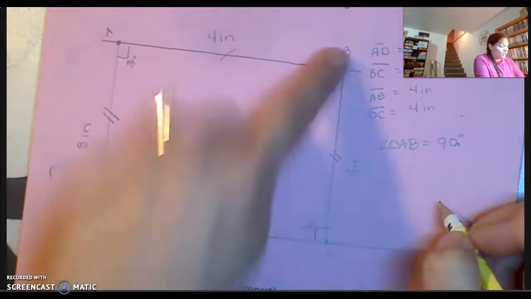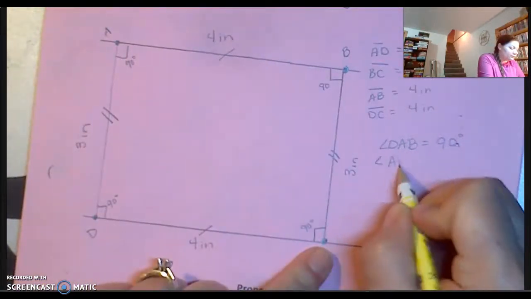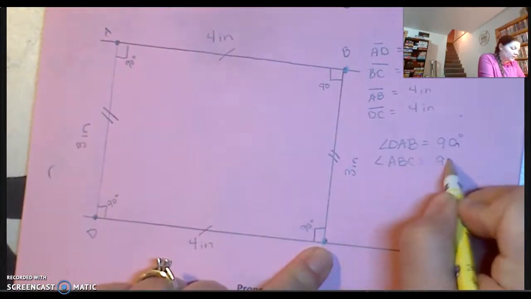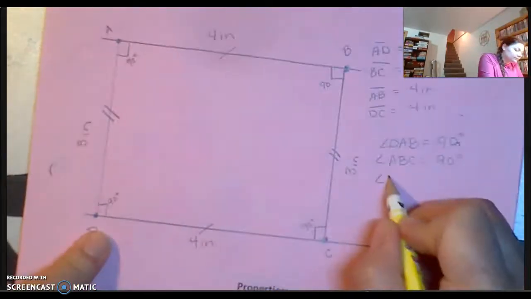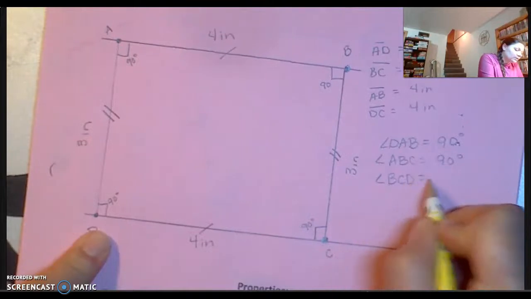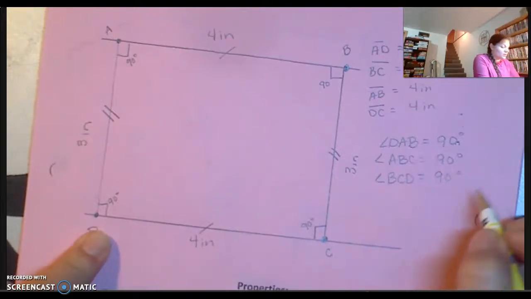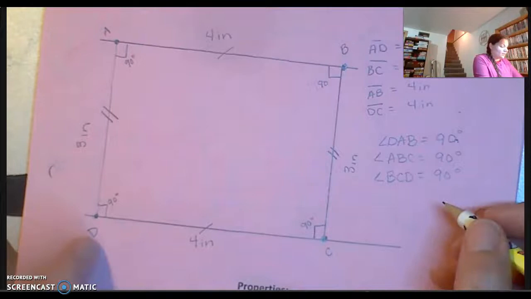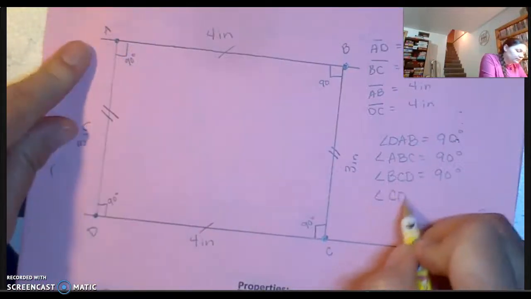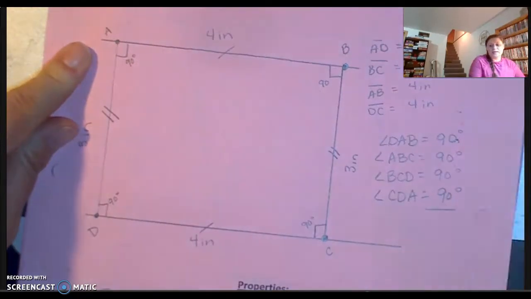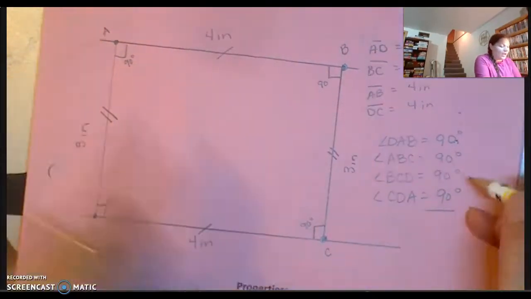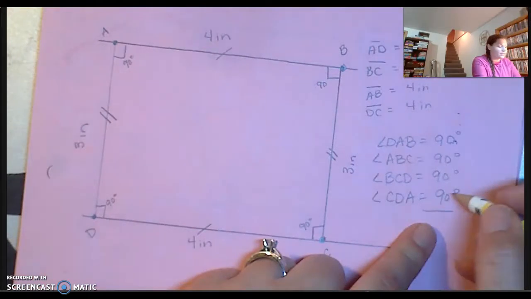Angle ABC equals 90 degrees. Angle BCD equals 90 degrees. And angle CDA equals 90 degrees.